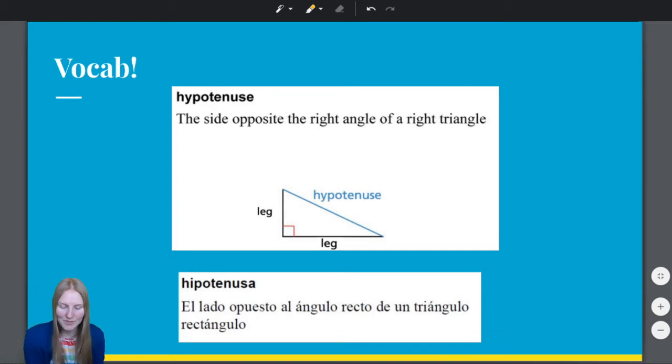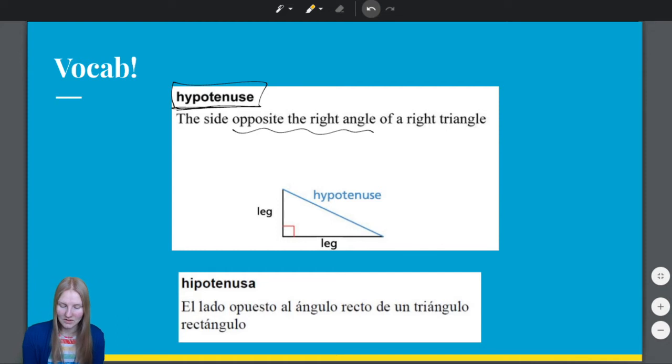So, the hypotenuse. Maybe you've heard this word before, maybe you haven't. What is a hypotenuse? And that's how you say this word. It is the side opposite of the right angle in a right triangle. Opposite the right angle. So if we go to the red box in the corner, which means right angle, if we draw a line away from it, it's the side that is opposite the right angle.